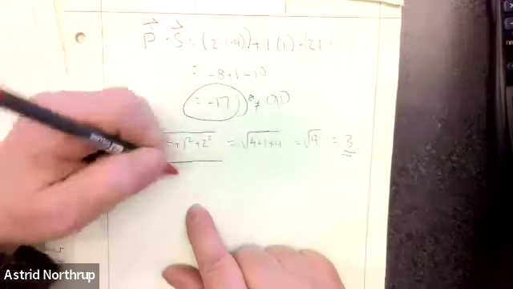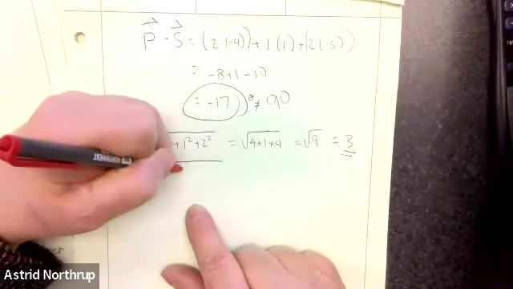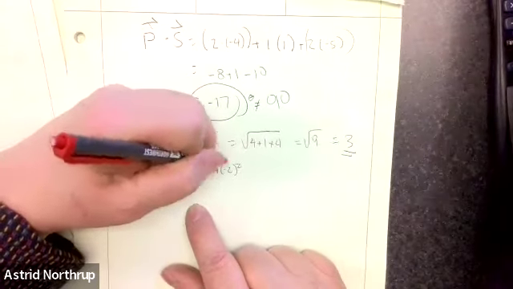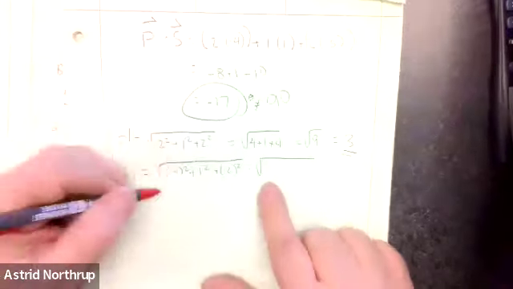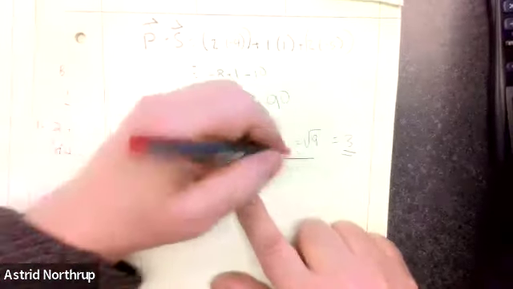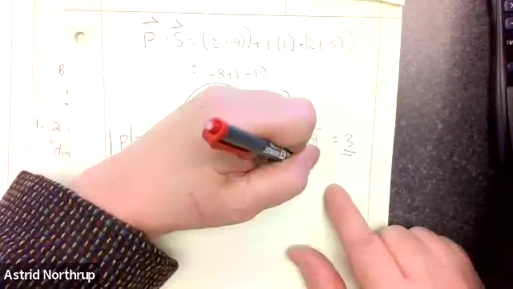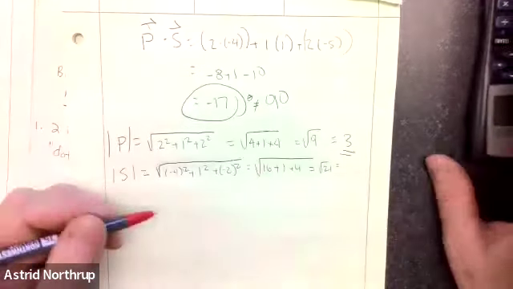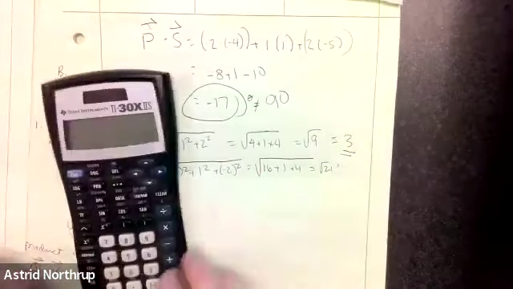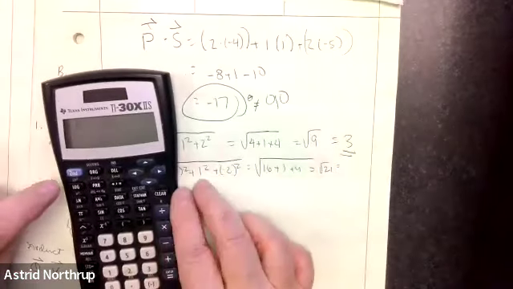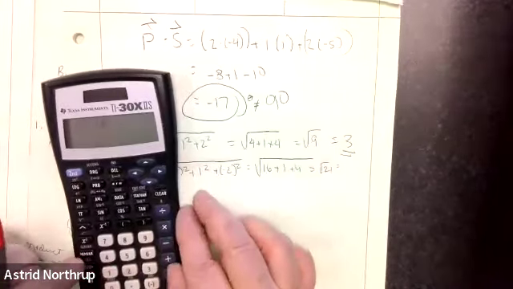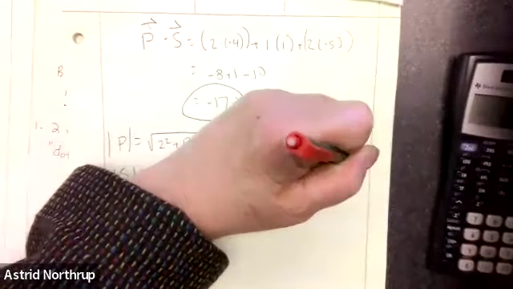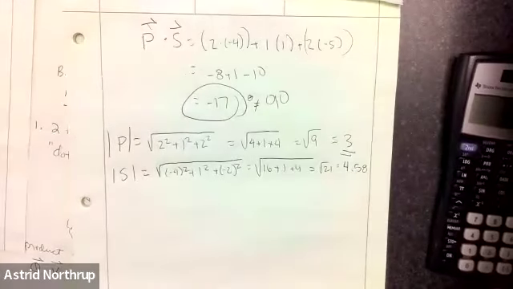It's going to be the square root of negative 4 squared plus 1 squared plus negative 2 squared, which is the square root of 16 plus 1 plus 4, which is the square root of 21, which is not a whole number, but it's not a terrible number either. So the square root of 21 is 4.58 and some change.